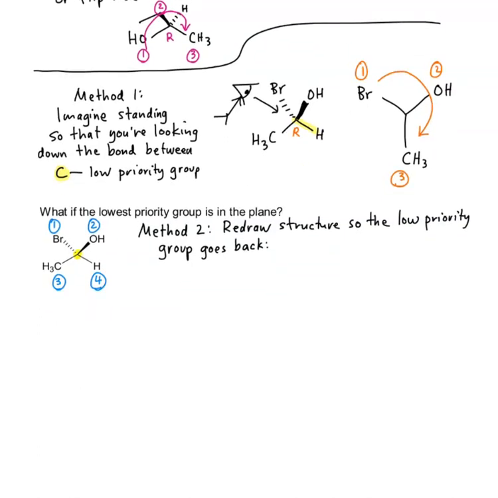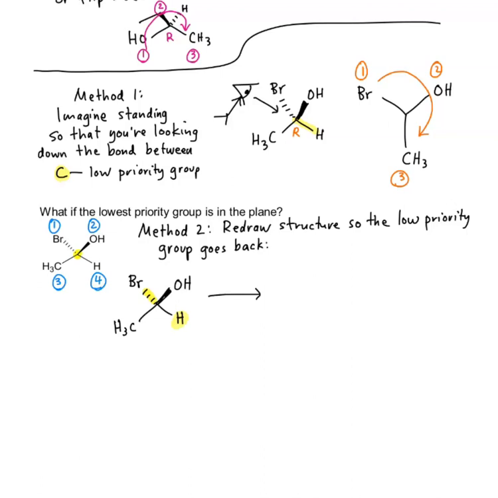So the way you're going to do that is the following. First, you're going to draw the enantiomer. And you're going to draw the enantiomer by switching 2 groups. But you're going to pick the groups you want to switch so that one of them is the low priority group, and you want to put it in the back position.